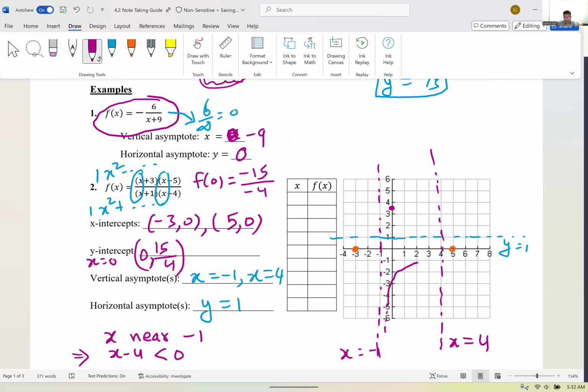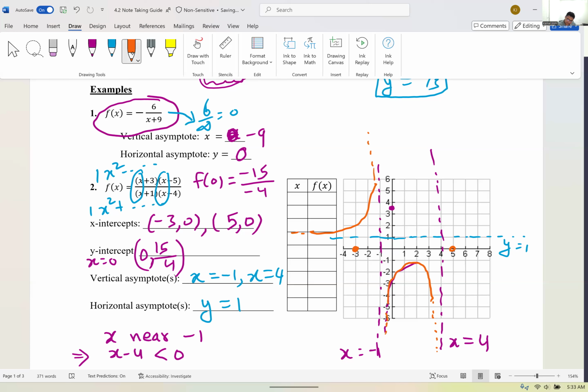And if you are approaching from the left, x plus 1 will be negative and x minus 4 is anyway negative, so negative times negative will be positive. That tells me my graph on the left side is going to look like this. And between -1 and 4, it's going to be like that.